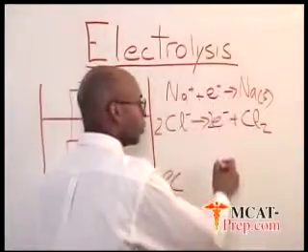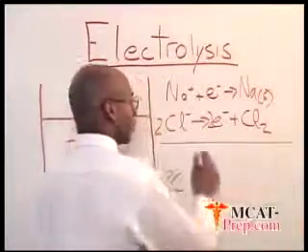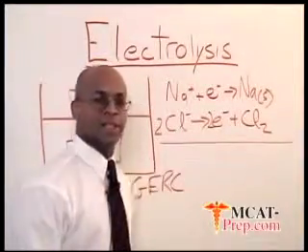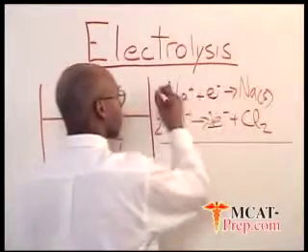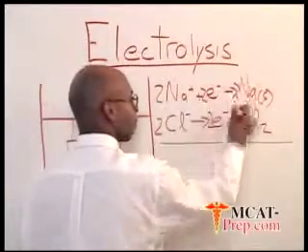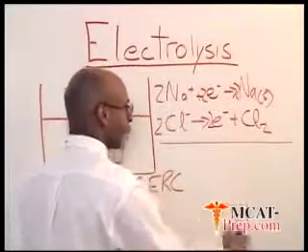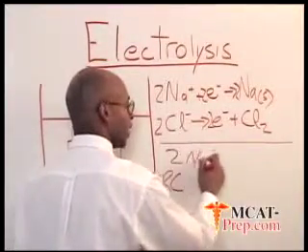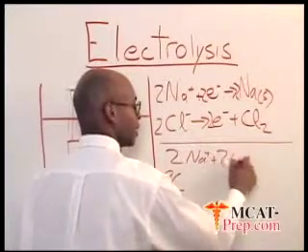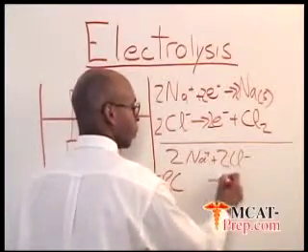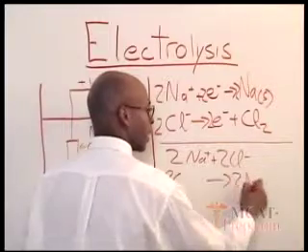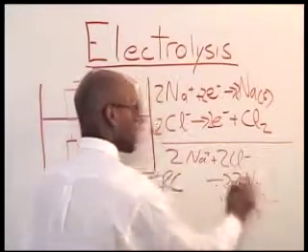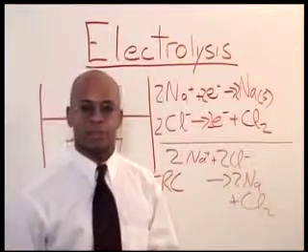So when we do these reactions, these are half reactions, we want them to balance. We want the electrons to cancel. So we multiply through here by 2. Then we add the reactions, and then we end up with 2 Na+ plus 2 Cl-, giving us 2 Na plus the chlorine gas, which is released.